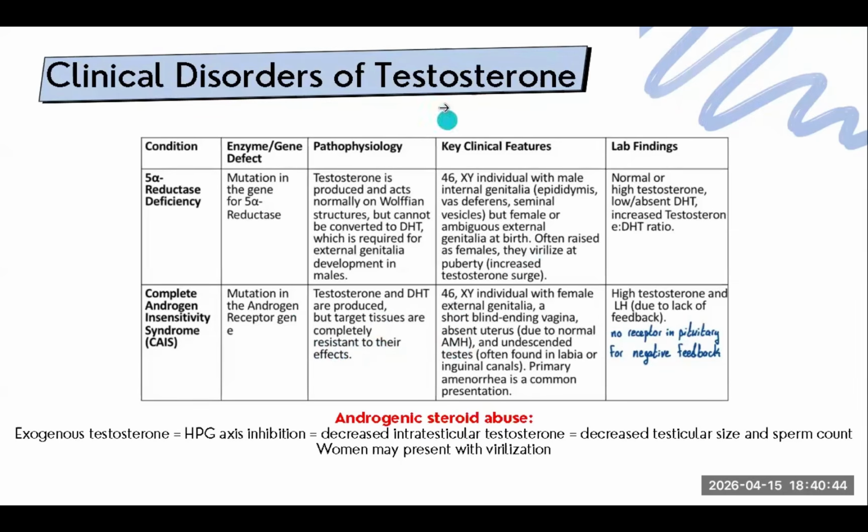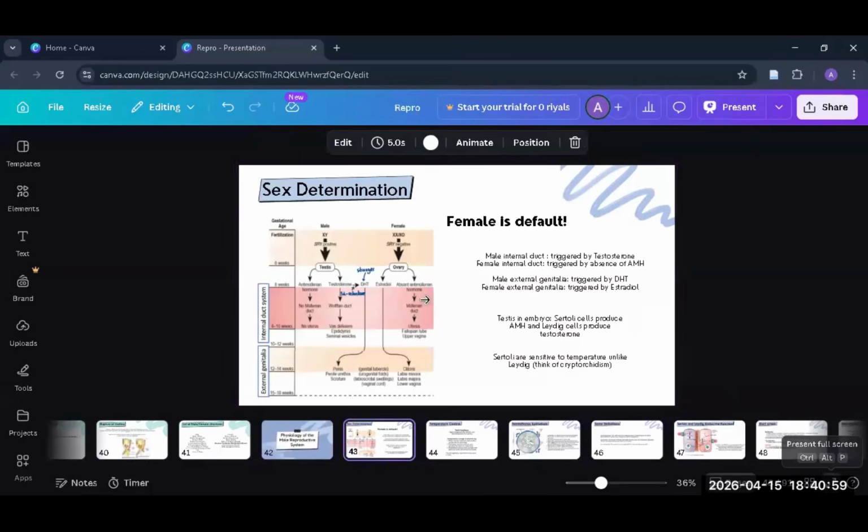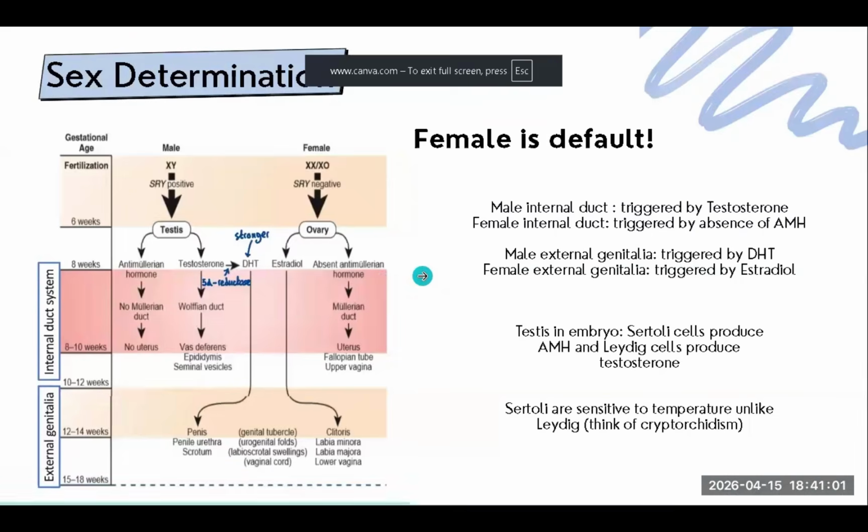So let's go all the way back. I want to explain it in that particular diagram. So we said there is no androgen receptor at all. So the testes would produce AMH. It would inhibit Mullerian duct formation. We would not have a uterus. This is good for males, right?